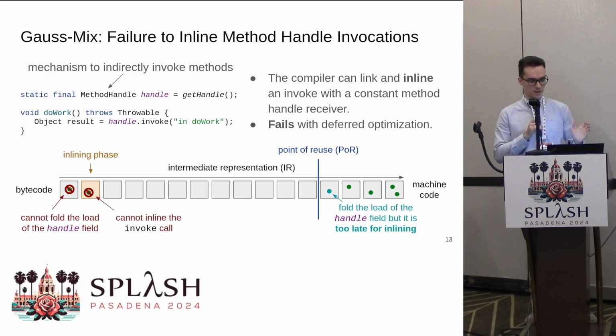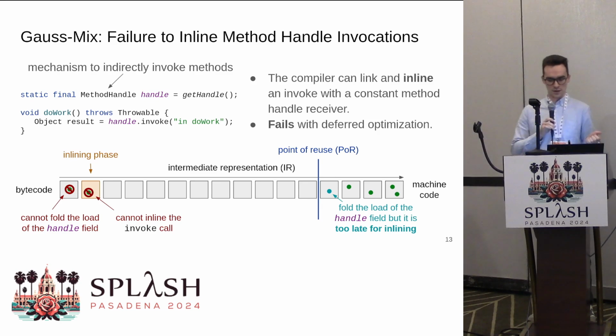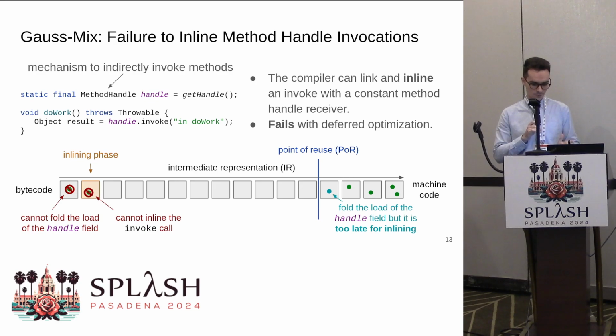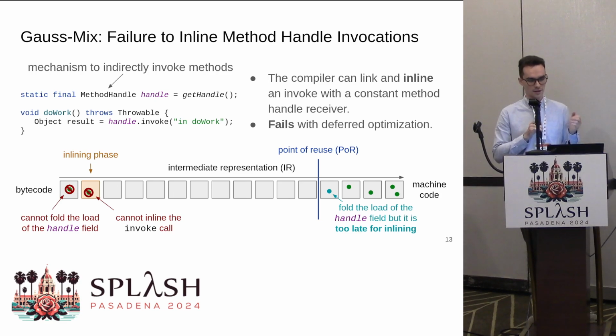And then in the inlining phase, the receiver of the call is not a constant, so the compiler cannot find the target method, and it cannot inline it. After the point of reuse, we re-enable field folding. Now the compiler actually folds the load of the handle field, but it is too late for inlining, so it's not inlined, and this is the cause of that huge slowdown in Ghost Mix.